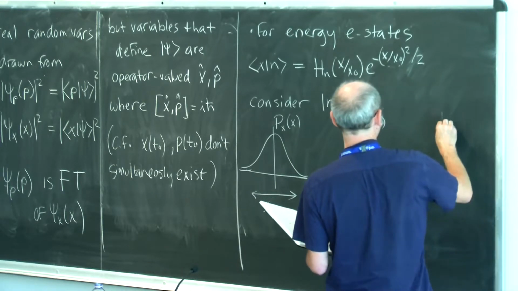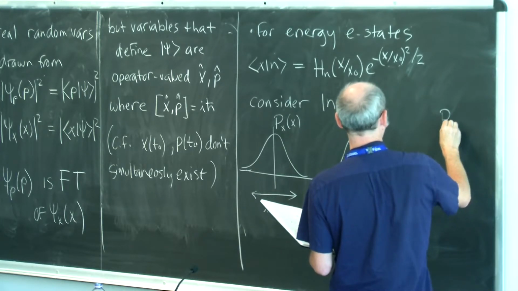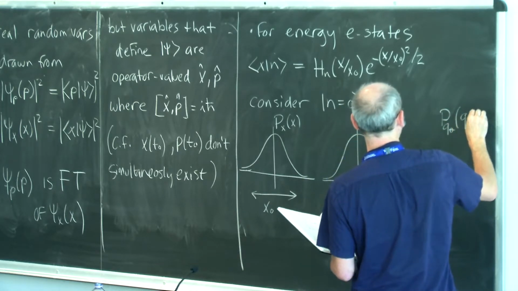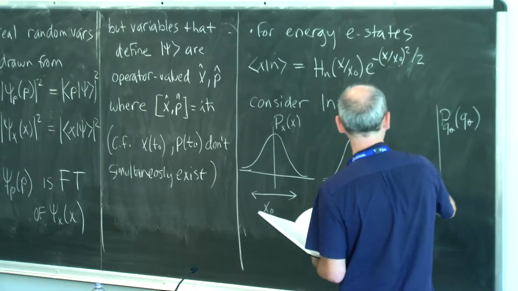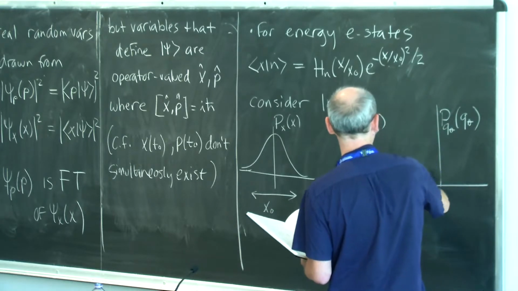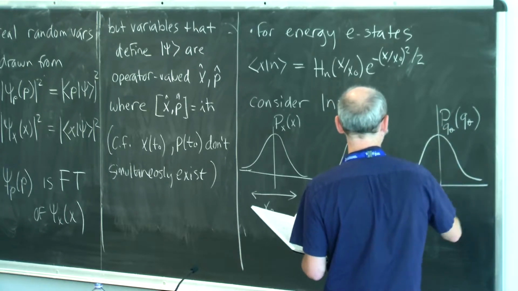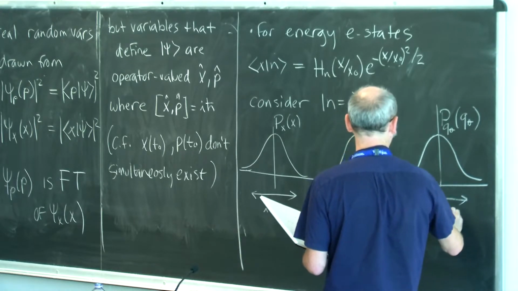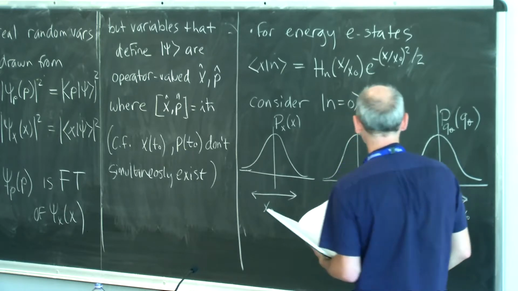And if I ask about the probability of any measurement of any other variable, q sub theta, that's a linear combination of x and p, it will have its results drawn from a distribution with the same form.